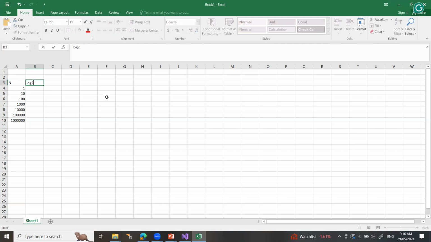If I said log base 2 of n, this will equal the log of this number base 2. Let's copy that across. So this is just the idea of log. And then if I just did n itself, this is just equal to this.